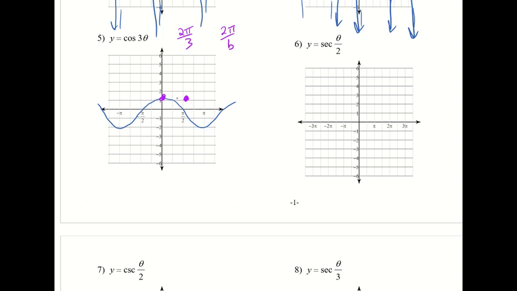Halfway between our two maximums, we have a minimum. So that's going to be at 1 pi over 3. So that's going to be somewhere about here. And then halfway between each of those, we will have a 0.